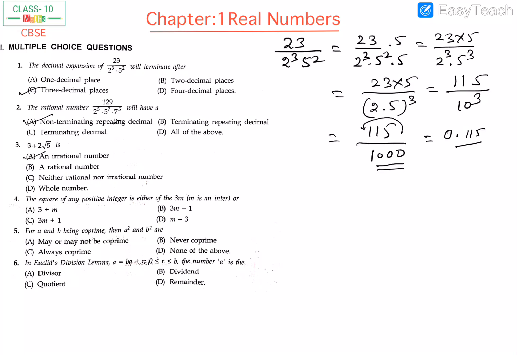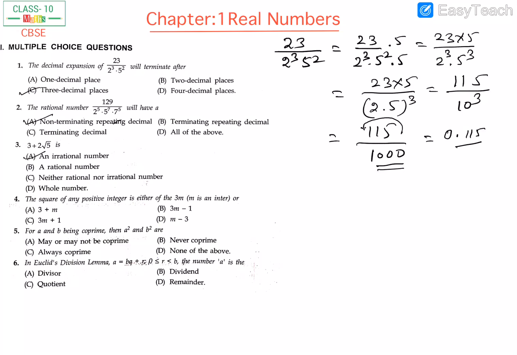Third, completed. Fourth, the square of any positive integer is either of the form 3m, m is an integer, or 3m plus m, 3m minus 1, 3m plus 1, or m minus 3.